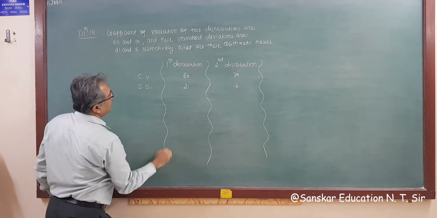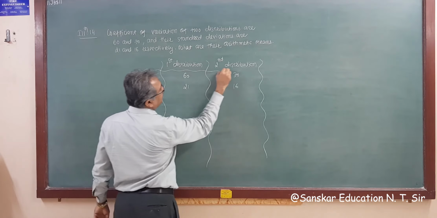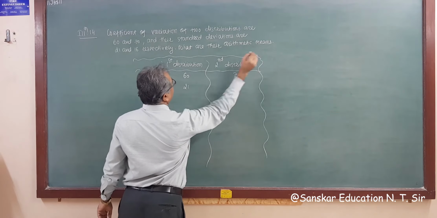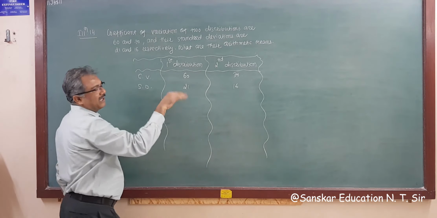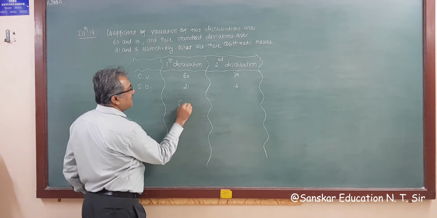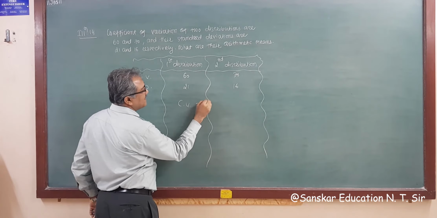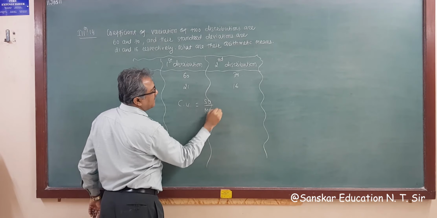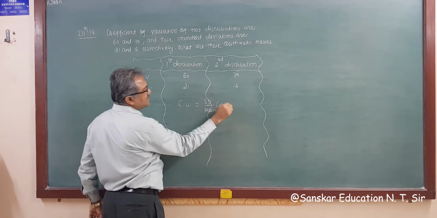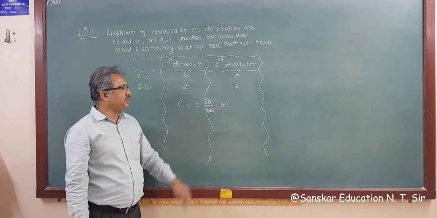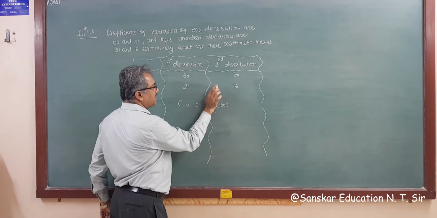I am preparing a table so it is convenient for you to calculate. No need to calculate differently. Now the formula for CV is standard deviation upon mean, that is x bar, into 100. Are you able to read this?